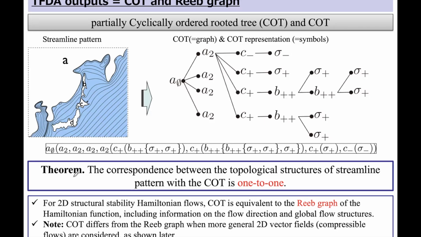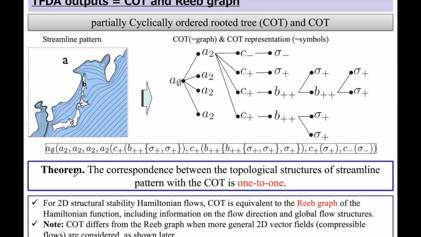Anyway, it is mathematically shown that the correspondence between the topological structures of a streamline pattern and the COT is one-to-one. That means we can encode the topological information into a graph, and then we can recover topological information of the streamline patterns. For those who are familiar with differential and discrete geometry for the 2D structures of Hamiltonian flows, COT is equivalent to the Reeb graph of the Hamiltonian function.